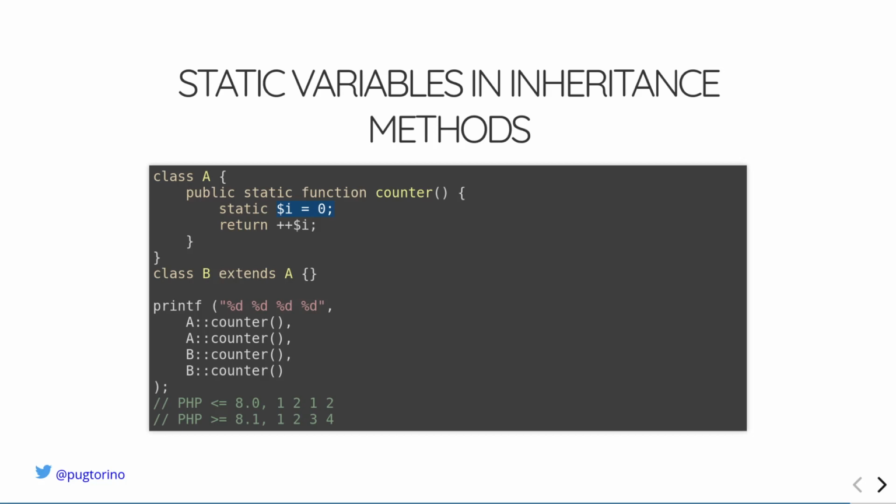So even if I am extending a class, this should be 3 and 4, because we are executing 4 times the function counter. So I expect to have 1, 2, 3, 4. And in fact, in PHP 8.1 they fixed this behavior, and in 8.1 the results will be 1, 2, 3, 4. So the static variable in inheritance methods is just a fix of the expected behavior.